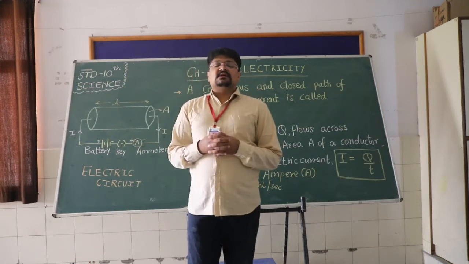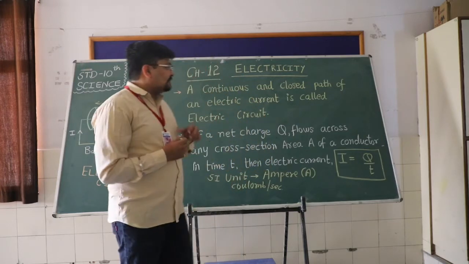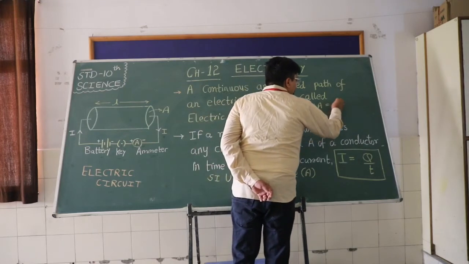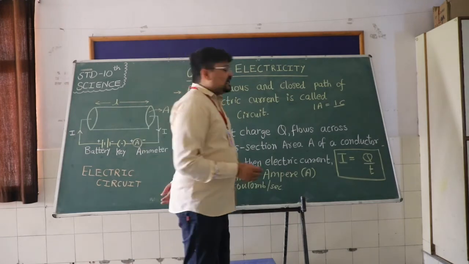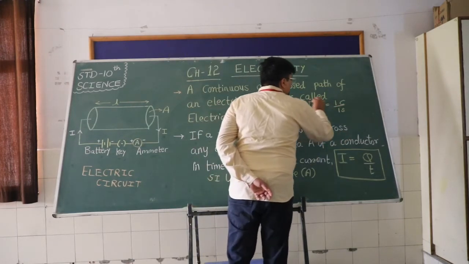Okay, continuing further, if I want to define 1 ampere, what is 1 ampere? I define 1 ampere as when 1 coulomb of charge is passing through a conductor in 1 second, then it is known as 1 ampere.